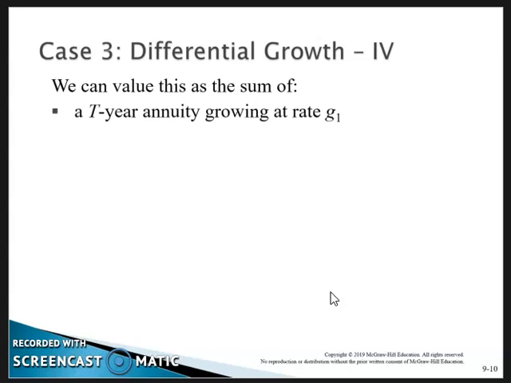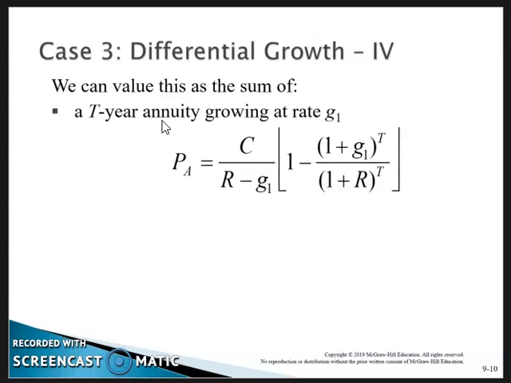So this first part is we can value as a sum of a T-year annuity growing at a rate of G1. So in this case, we have G1 and G2. Say that's a 3-year annuity, and we have dividends growing for 3 years at that rate. We could do it with this annuity formula.